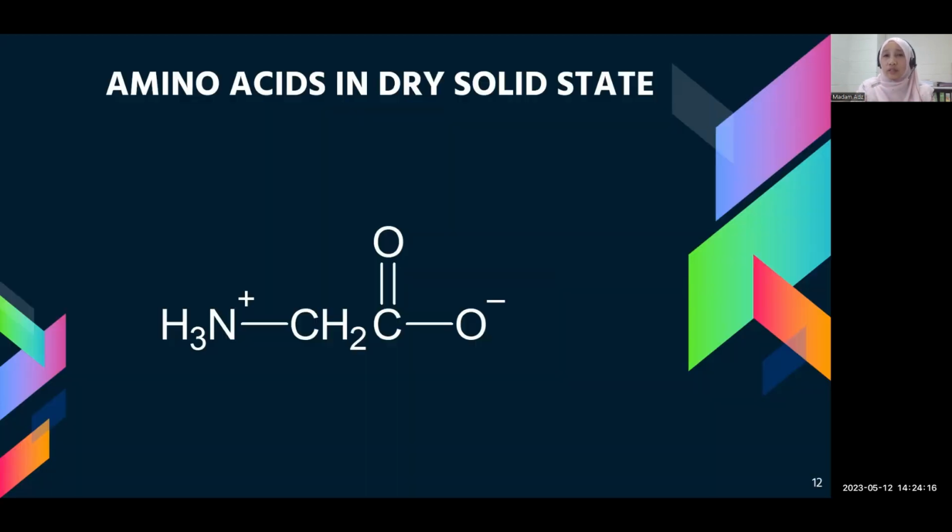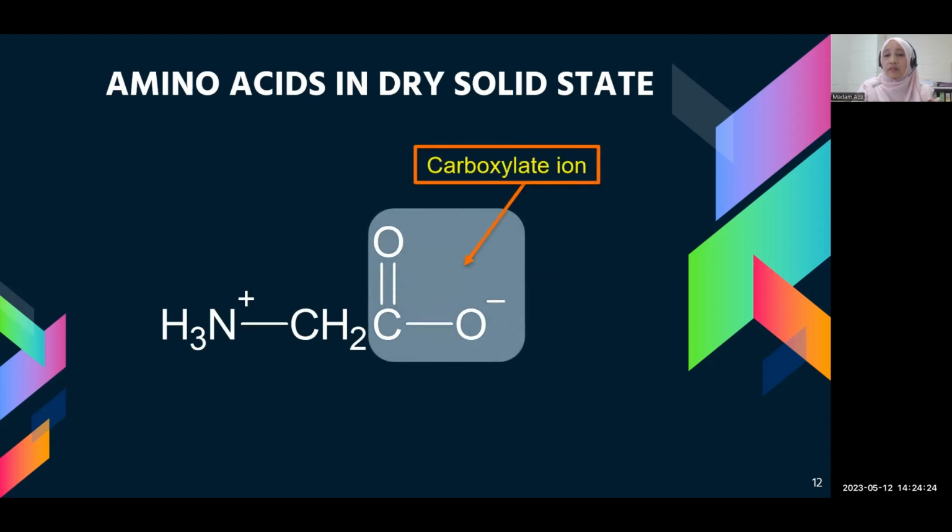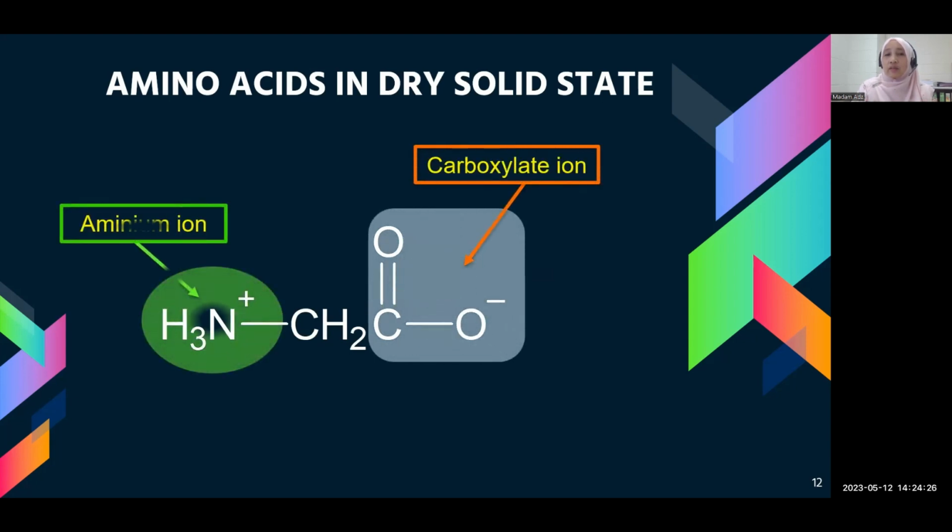Itu kalau general. Tapi if amino acid in its dry solid state, dia akan exist sebagai this and this. Dalam satu structure itu, dia ada satu kawasan carboxylic acid tadi tu kalau amino acid in general. Tapi dalam dry solid state, dia exist sebagai dipolar ion. Dipolar maksudnya ada dipole, dia ada dua kutub. The first pole adalah negative pole kat sini.